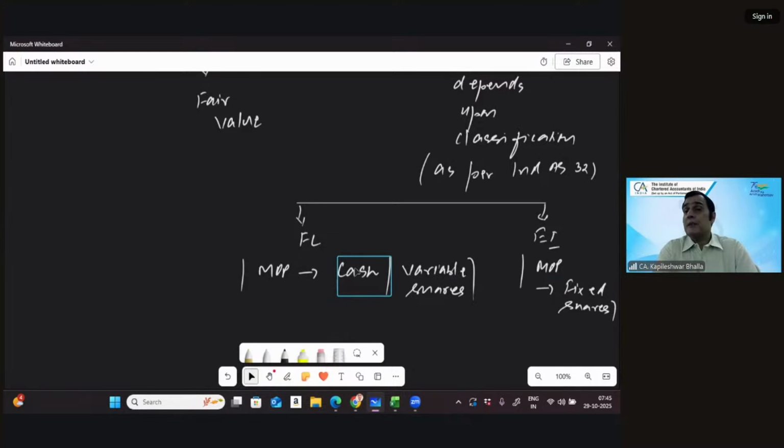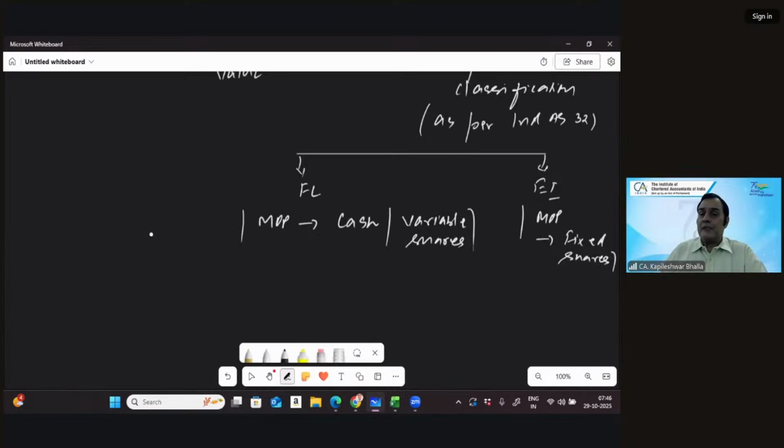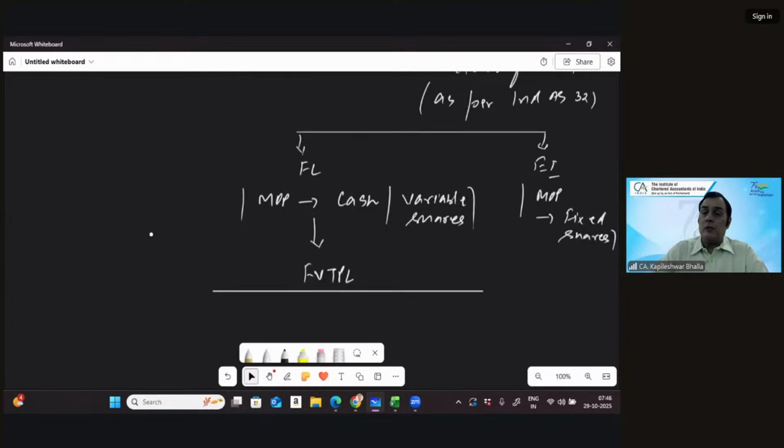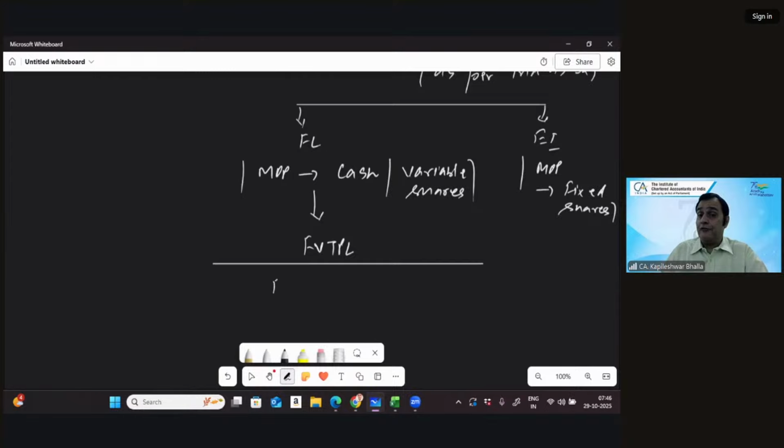So for subsequent accounting, your mind should be working in terms of classifying whether it is a financial liability or an equity instrument. When it is a financial liability, it is measured at FVTPL. And when it is measured at FVTPL, we're indirectly saying that the fair value change, whether a gain or a loss, is going to be captured in the P&L.